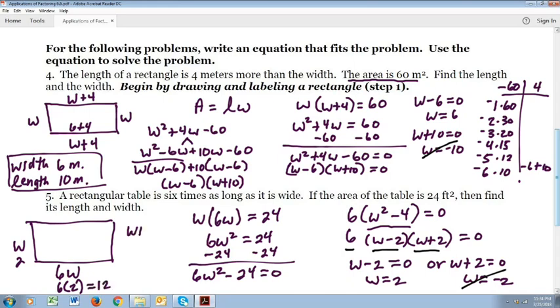So our width is 2 feet, and our length is 12 feet. And notice 2 times 12 is 24, and the length is 6 times the width, 6 times 2. So that works. All right, let's move on to the last problem, number 6.